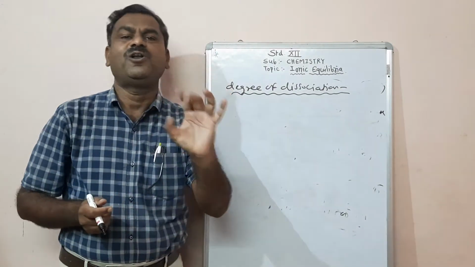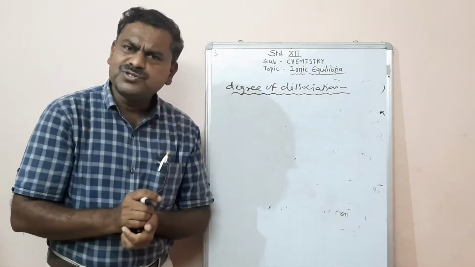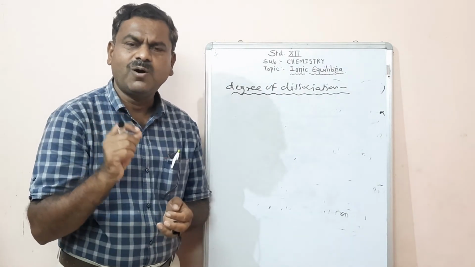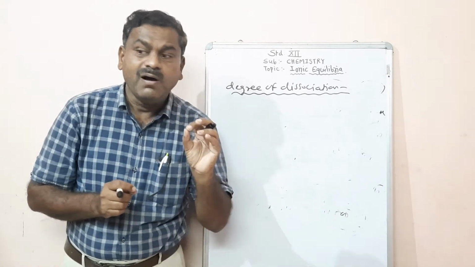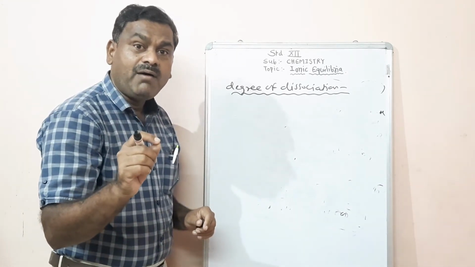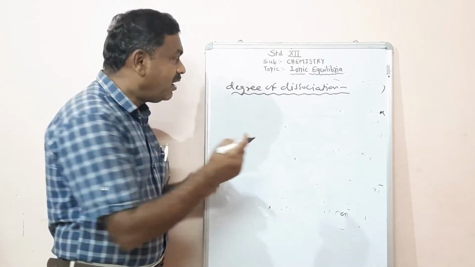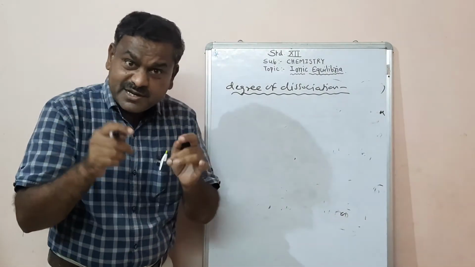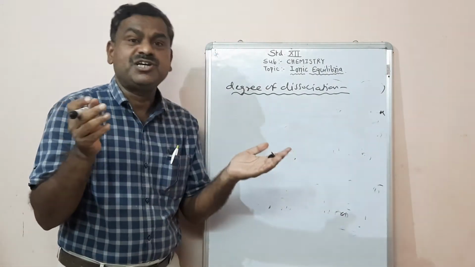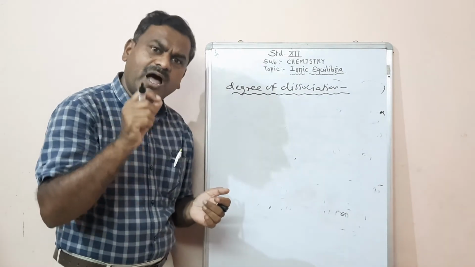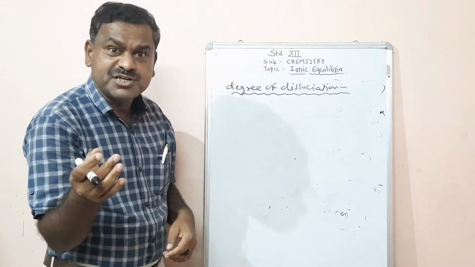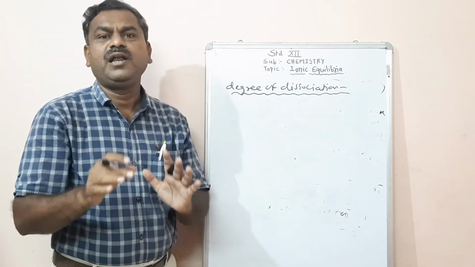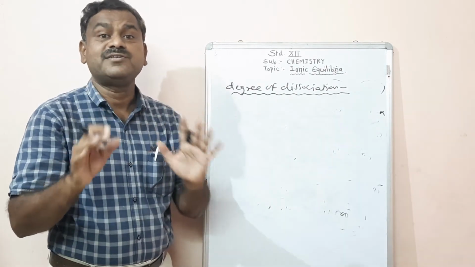Degree means small. The definition of degree of dissociation: the fraction of the total number of moles of the substance dissociated to the total number of moles present.